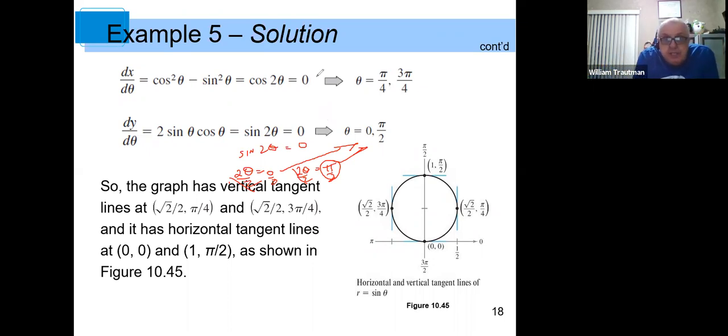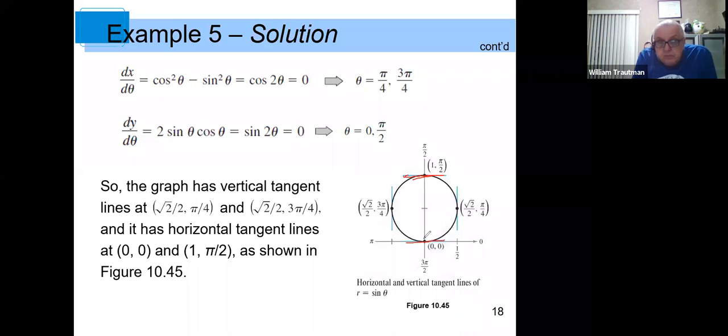So we can see the horizontal tangent lines and the vertical tangent lines.